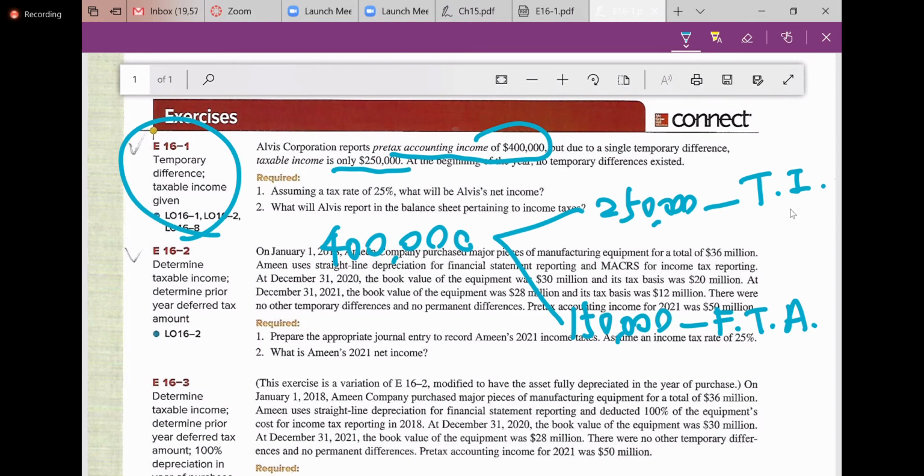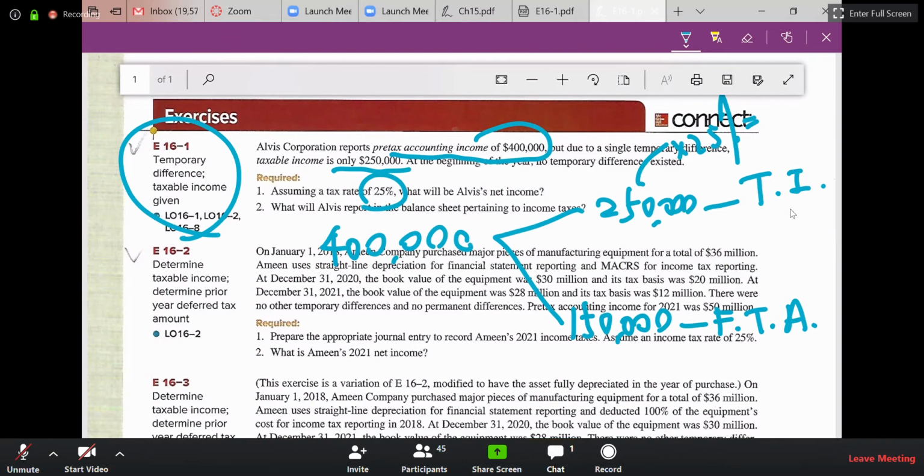So that's why we have two liabilities. One is related to the 250. The tax rate is 25%, so you multiply by 25%. That gives 62,500.